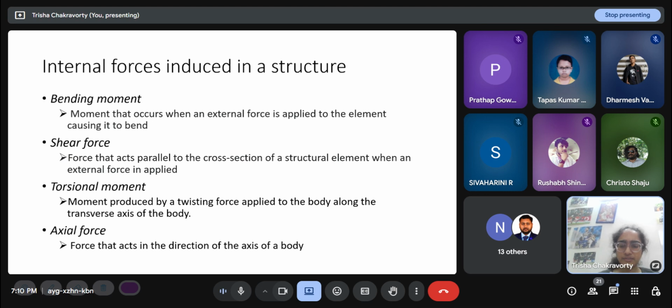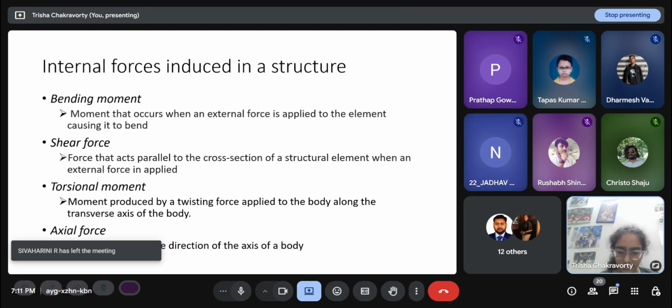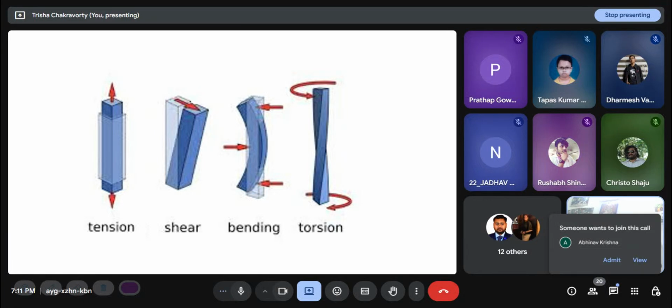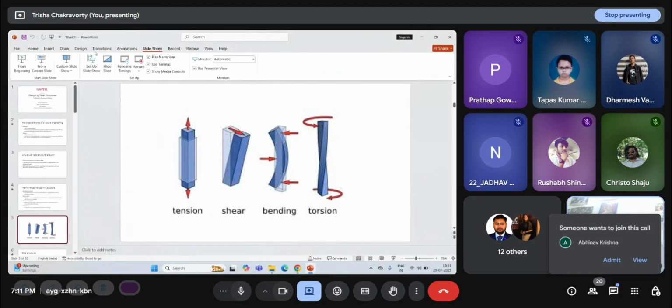Axial force is the force that acts in the direction of the axis of the body. So axial force is a pulling, a tension or compression, along the length. So axial force and torsional moment both have direction along the axis of the beam. Beam is just a placeholder here, and bending moment and shear force are due to transverse forces. So this is a visualization.